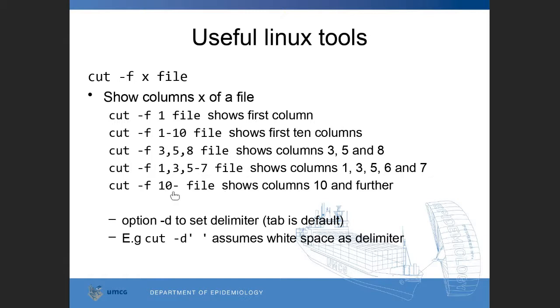Or you can put a dash without anything after it, then it will show you columns 10 and further. And as I said, use the -d to set the delimiter, because the tab is the default. So if you want to use a white space as delimiter, then you use this -d, quote, space, and end quote.